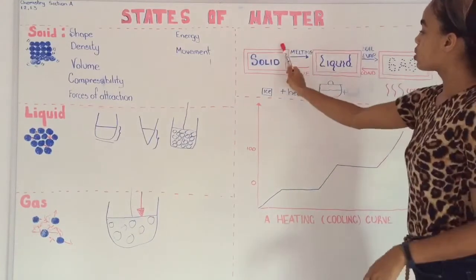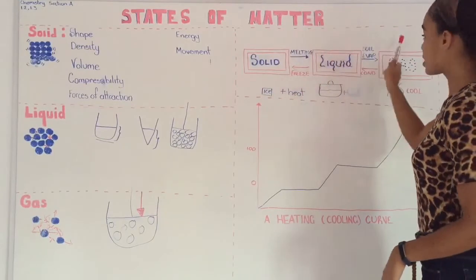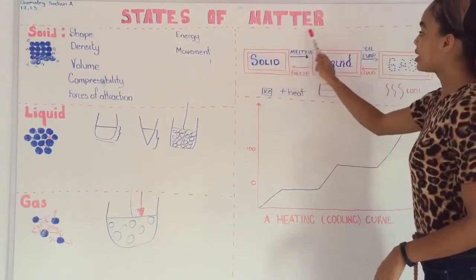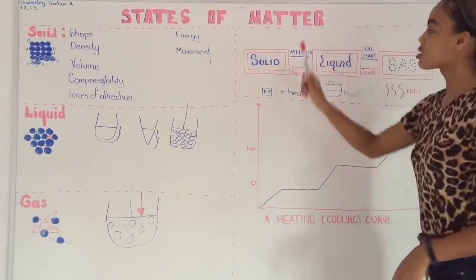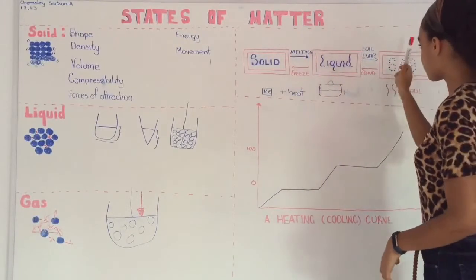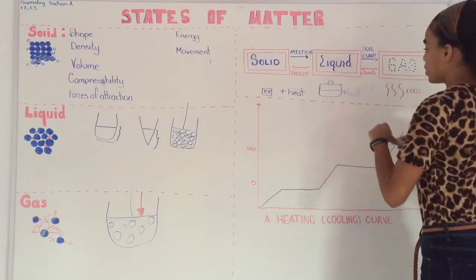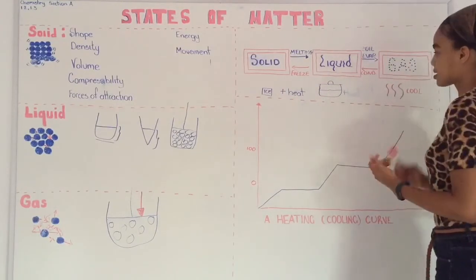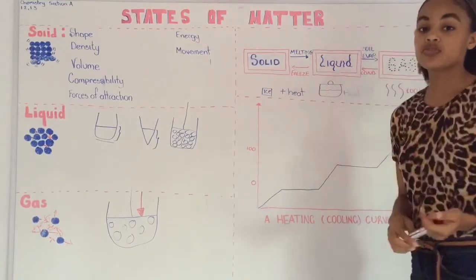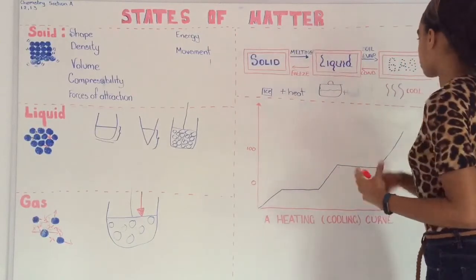So as you move from solid to liquid to gas, you're adding heat, which also means you're adding energy. So you increase the energy of the solid to get liquid, increase the energy of the liquid to get gas. And it works the other way around too. I'll just go through it.